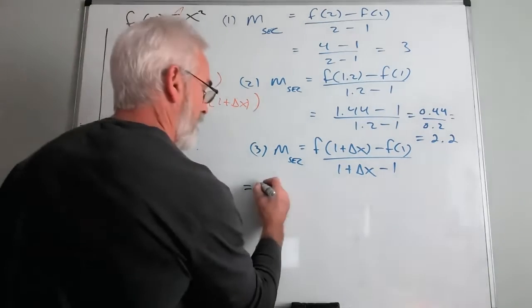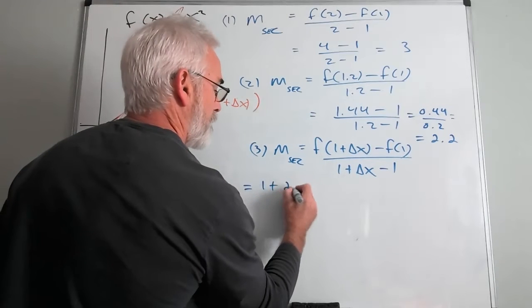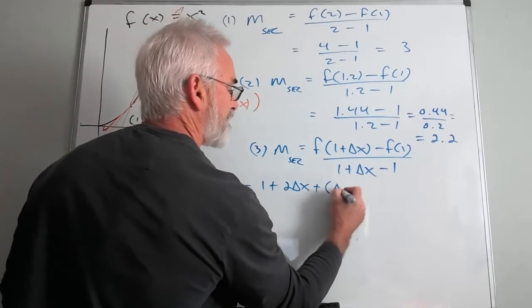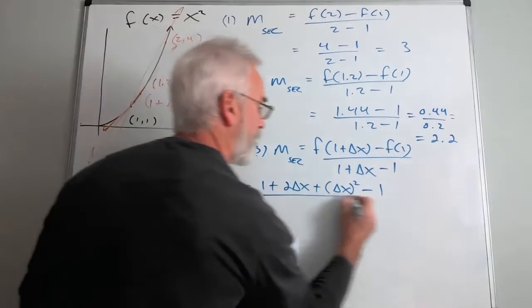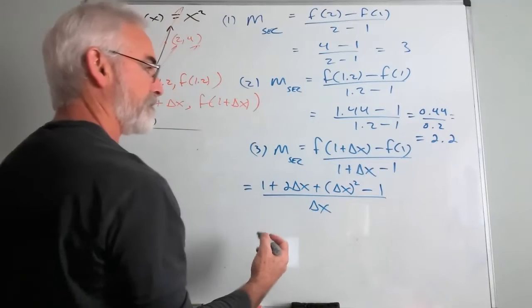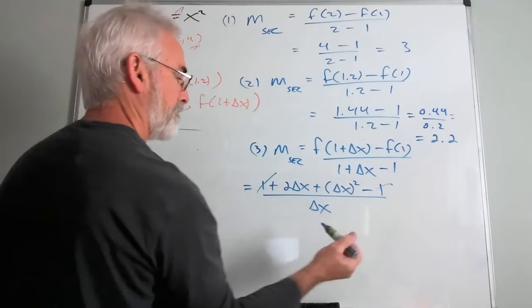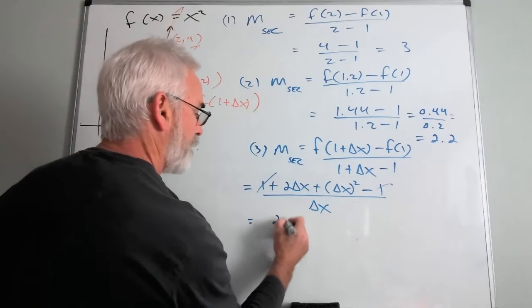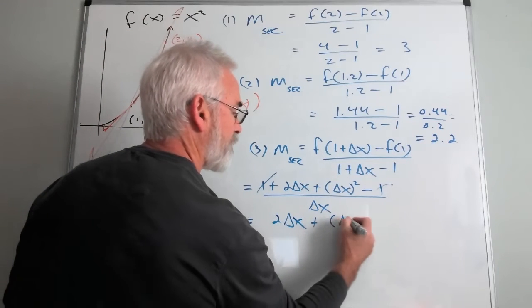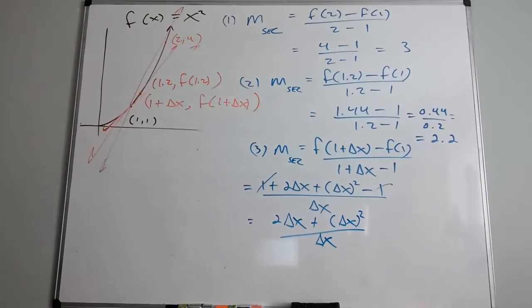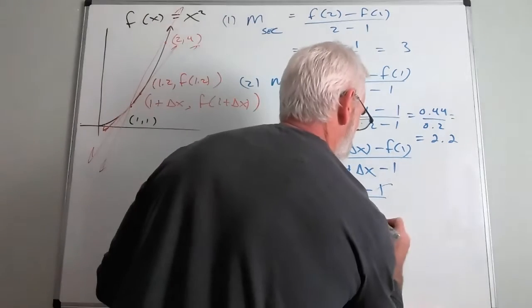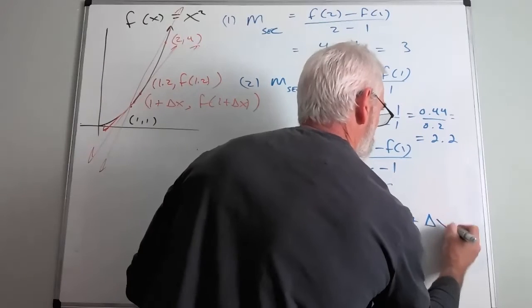So that would be 1 plus 2 delta x plus the square of delta x minus 1 all over delta x. So that would give me 2 delta x plus the square of delta x all over delta x. So clearly I can factor and cancel a delta x. And when I do that, I'm going to get 2 plus delta x.